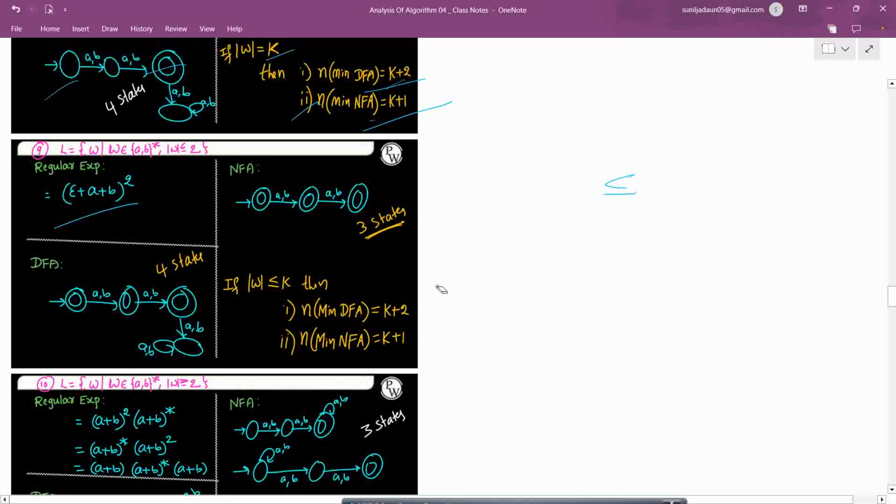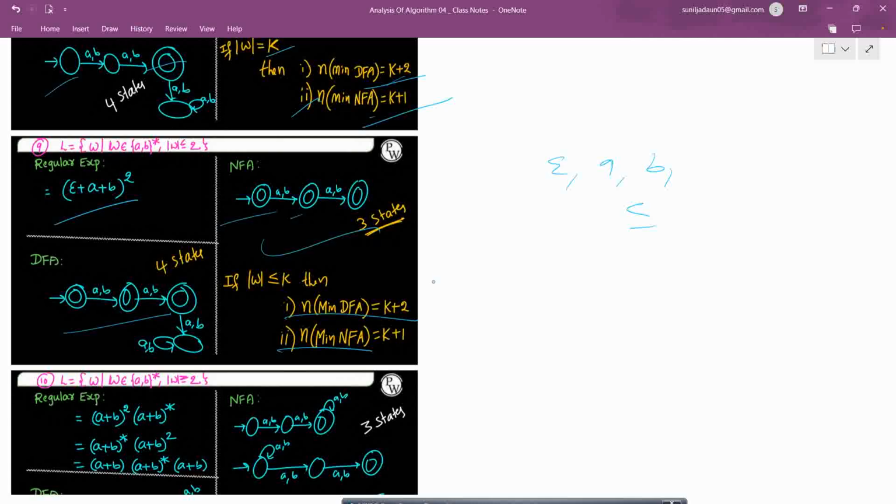What is this saying that? To do epsilon also A possible, all right. At least 2 length. So in the case of DFA, we start these things, right? So in the case of NFA, K plus 1 states, minimum K plus 2 states, 3 states. Oh, this is NFA here.